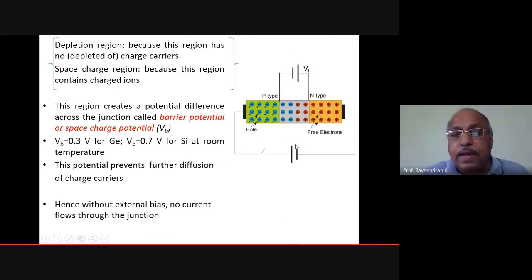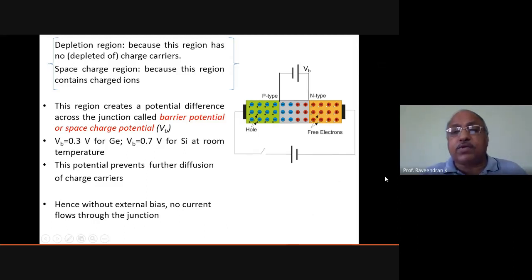So if you apply the positive polarity point of the external source of EMF to the P type side and the negative polarity point to the N type lead of the PN junction diode, then what happens?